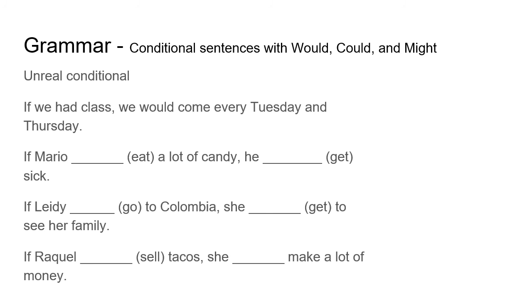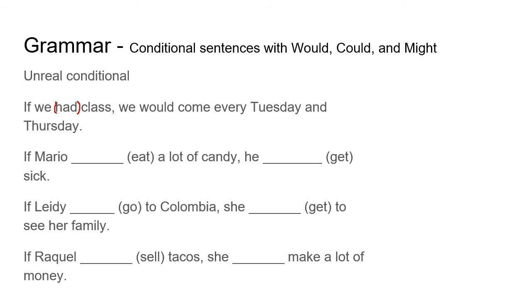Okay, so like it said, we have real and unreal conditional. So one of these examples is, this is unreal. If we had class, we would come every Tuesday and Thursday. Now, it is important to know that this is as if we were going to use it in the past.